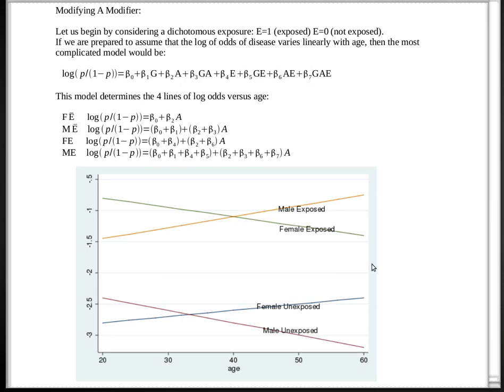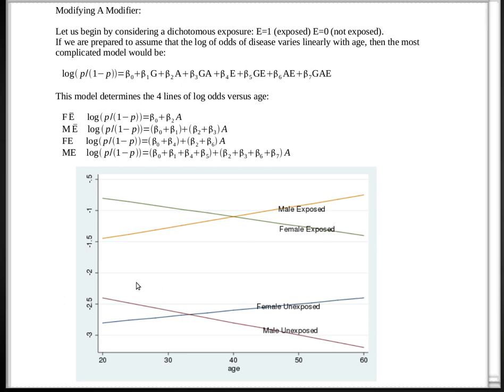So we have that not only is age modifying for the men, but it's doing so in a rather specialized way, in a way that we can see visually, that the odds ratio is increasing with age. But for the women, we get the opposite.